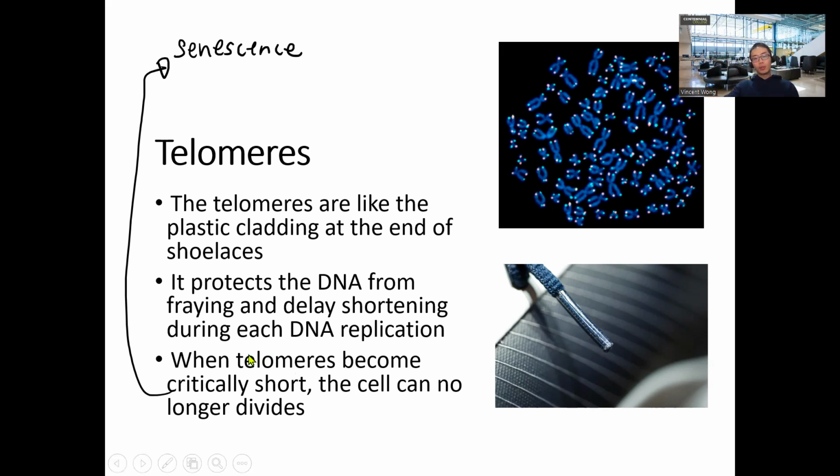That's because there would be a larger pool of cells that have entered senescence. So is everybody clear on what telomeres are and how they protect our chromosomes? Any questions? I'm still not done talking about this, but I just want to make sure we're all clear up to this point.